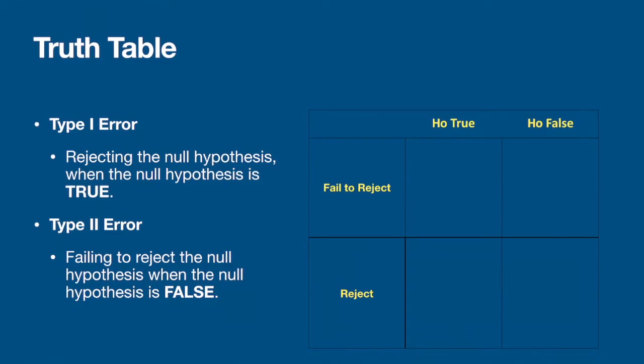If we have a null hypothesis, and remember the statement for that null hypothesis is going to say either the terms no difference or no relationship. And I'll just abbreviate for our purposes here. Again, that null hypothesis will say that there is no difference or there's no relationship.